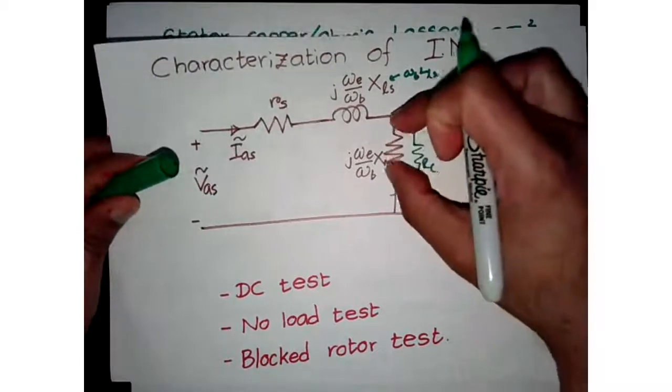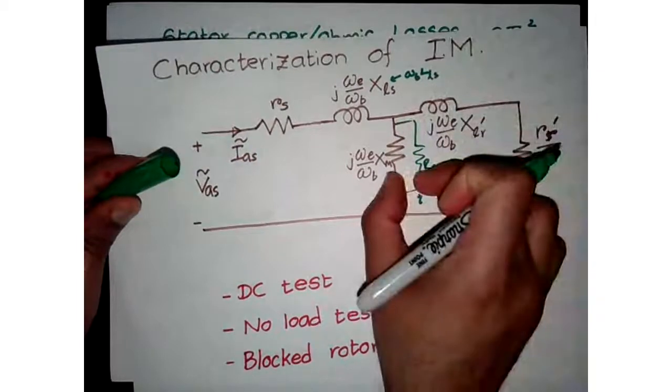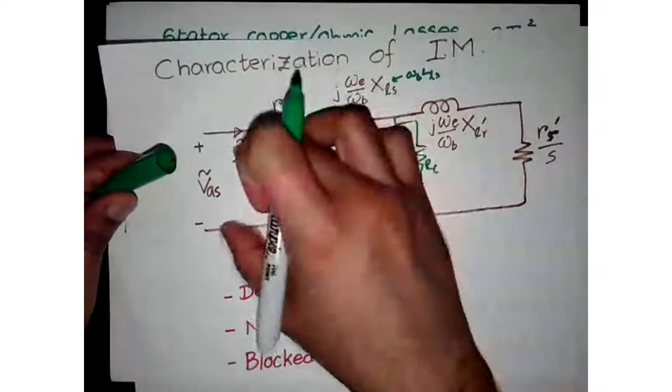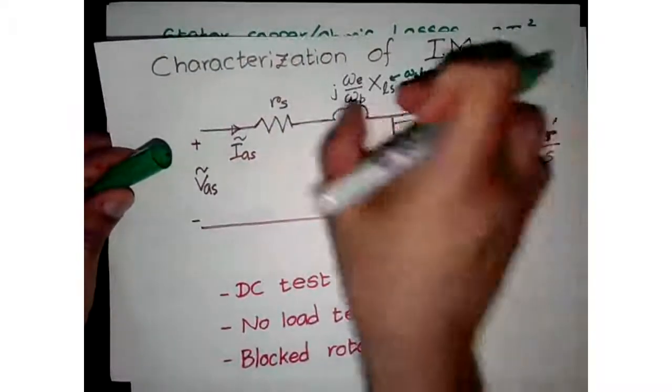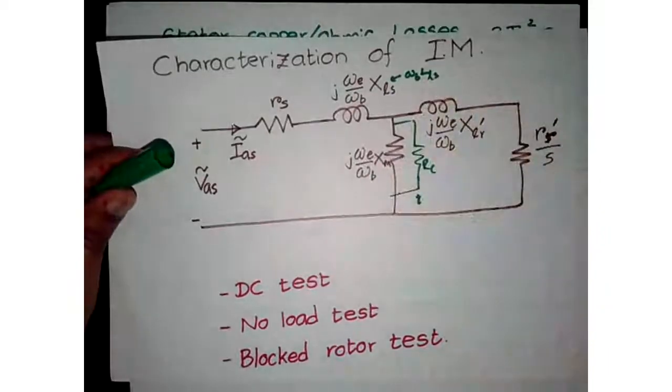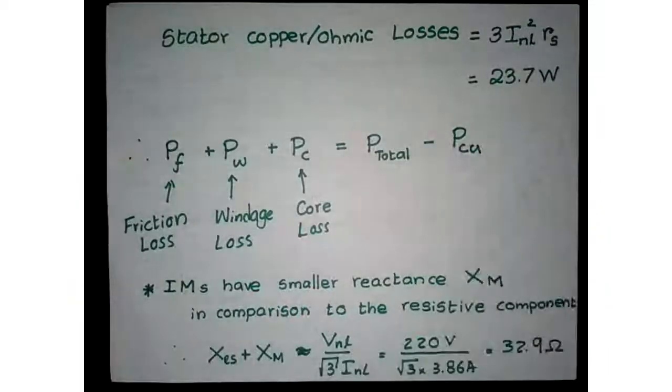Therefore, in the parallel combination, the smaller one dominates, right? Therefore, when we consider the inductance, the dominating portion is going to be these two inductance values. All right.